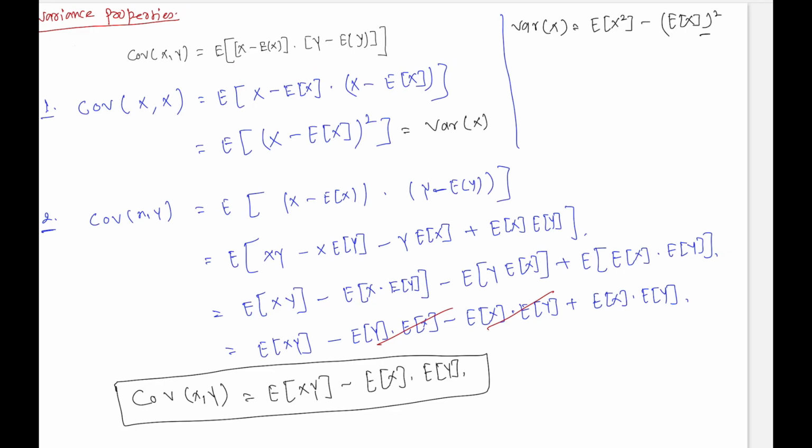Alright, now let's look at one more property. Let's suppose you have two random variables x and y, and also assume that the mean of each, the expectation of x and the expectation of y, is 0. Then what will be the covariance of this?